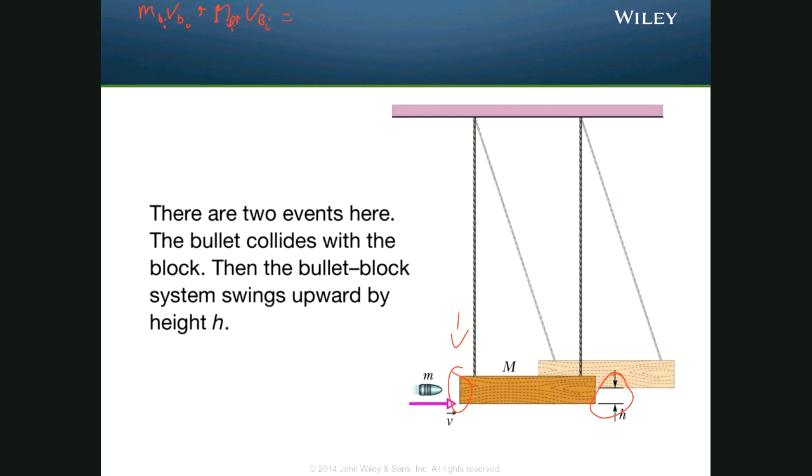So that will be equal to M block plus M bullet times V system final. I can call that V system because it's combined and it'll be stuck together. So I'll just call it VS, but we can call that final if you want. But it becomes one thing.